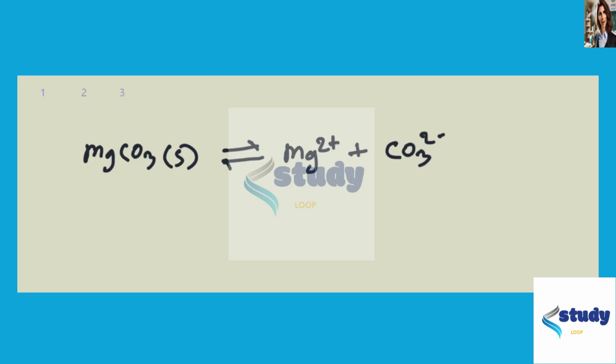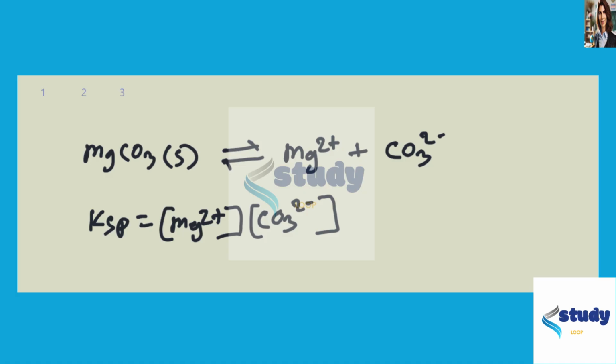So the Ksp expression for this will be simply the product of these two ion concentrations, that means Mg2+ times CO3 2-. From here we'll find the concentration of CO3 2-, and then we'll be able to find the mass of the sodium carbonate we require to do this.